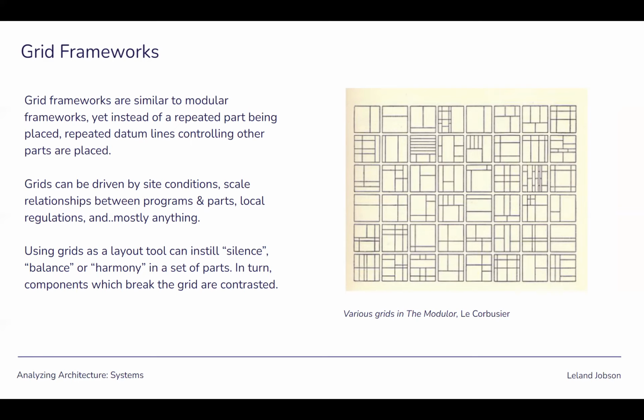And then when you have something that breaks that grid, that thing becomes contrasted without even changing the part. So that's one opportunity in grids that's exploited. A lot of times in practice, grids are used to ensure that the drawing and the building conform to regulations. So if you have a setback or something like that, you'll have that datum line represented and you'll make sure that nothing crosses it.